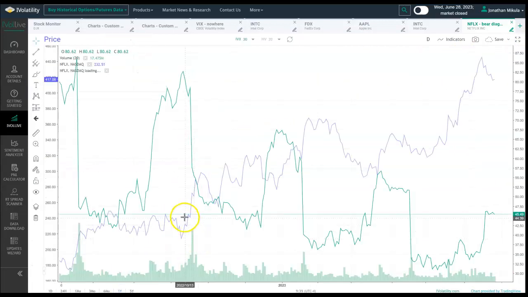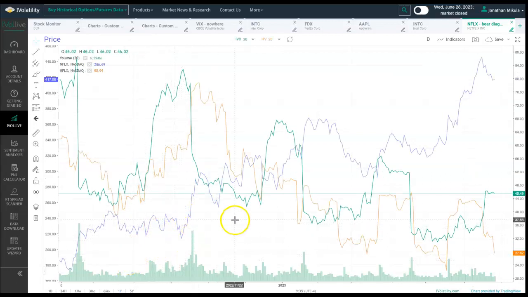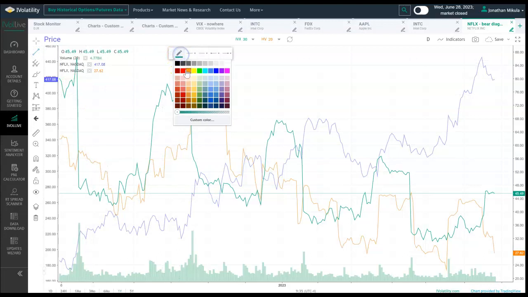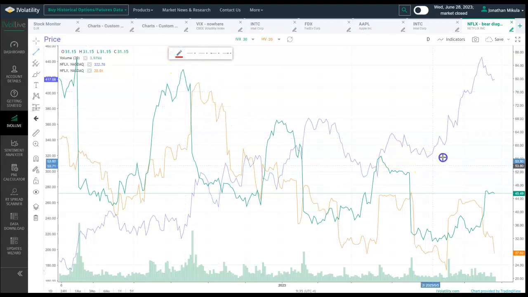One of probably my favorite chart views is the 1 year chart. I just like how it's clean and I can see trends clearly. One of those trends that I've been looking at with Netflix has been its recent uptrend here, which has since been broken.